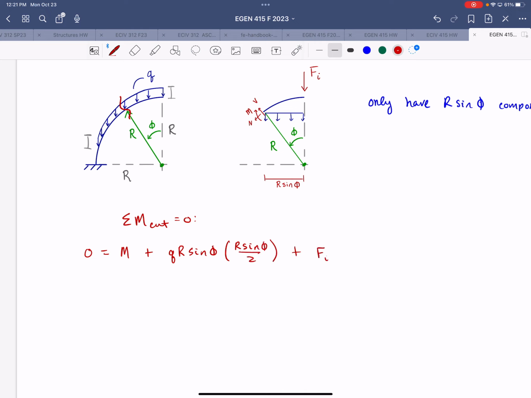So m is equal to negative qr squared over 2 sine squared phi minus fi r sine phi. A lot simpler.